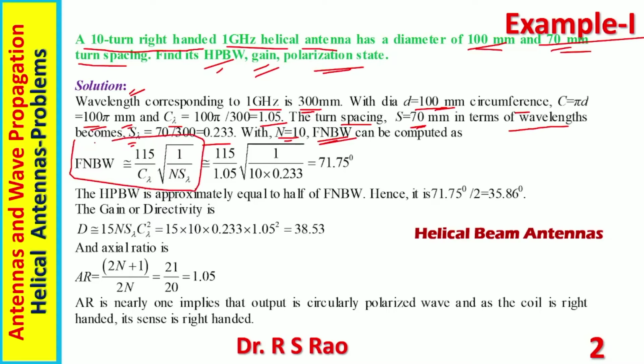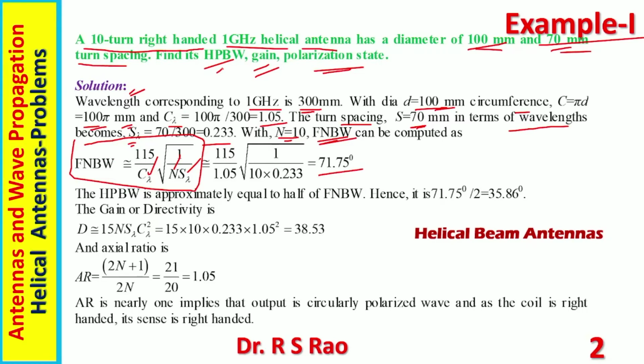FNBW is 115 over C lambda times the square root of 1 over N S lambda. Substitution and a little bit of simplification results in FNBW as 71.75 degrees.